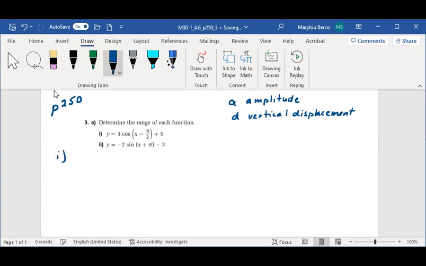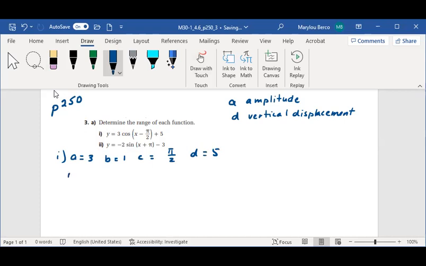So for y equals 3 cos(x minus pi over 2) plus 5, we have A equals 3, B equals 1, C equals pi over 2, and D is 5.